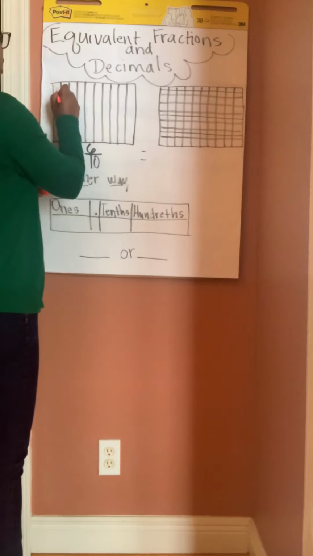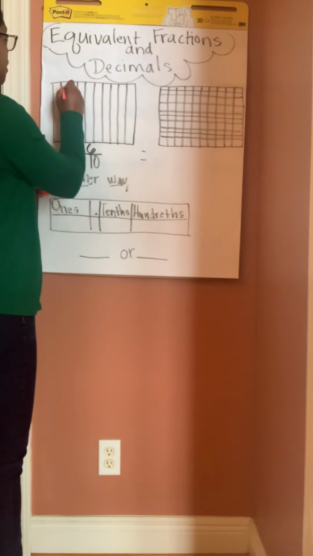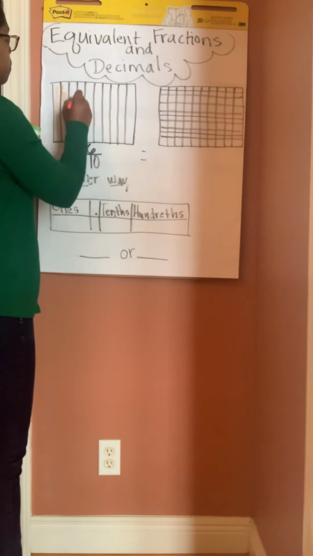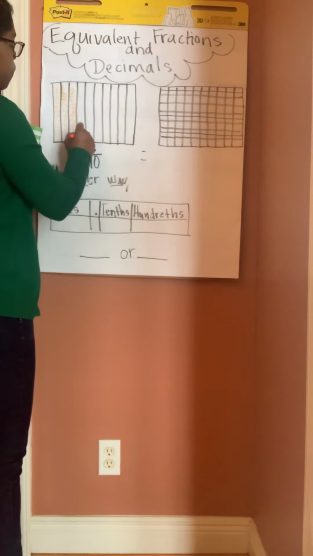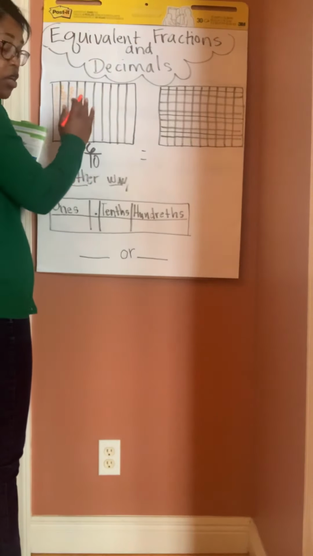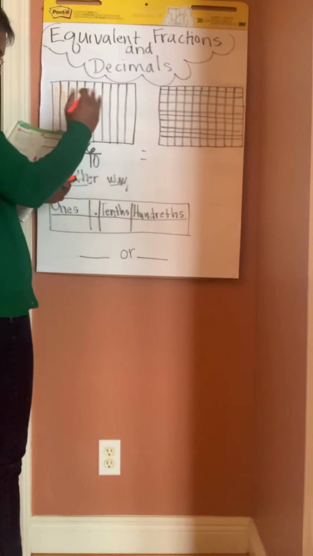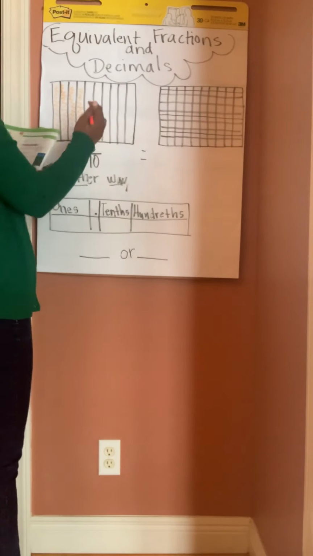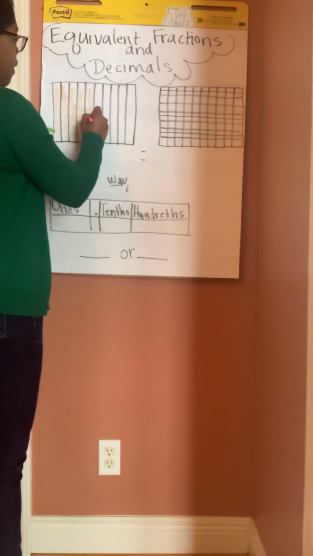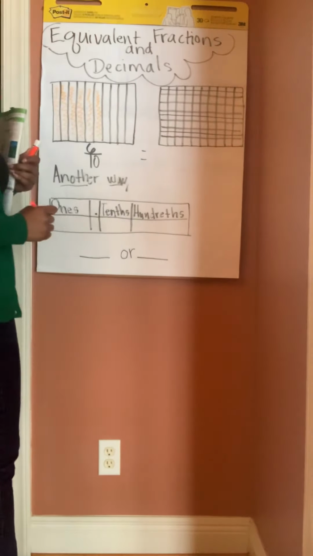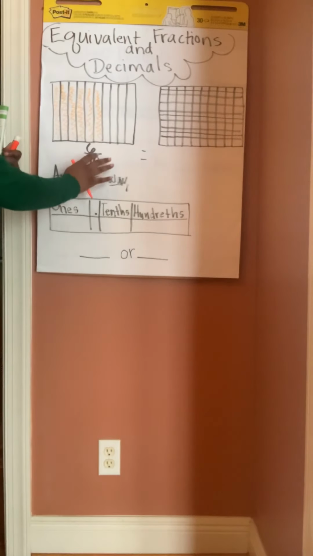So I'm going to shade 1, 2, 3, 4. While I'm shading here, you should be shading on your paper on page 351. 5, 6. Okay? 6/10.